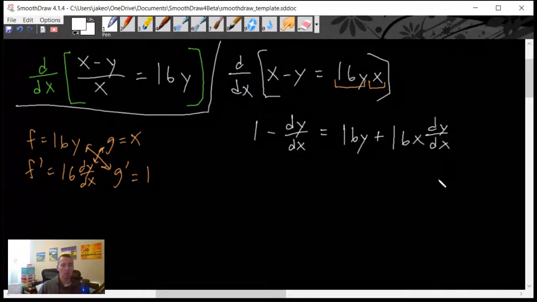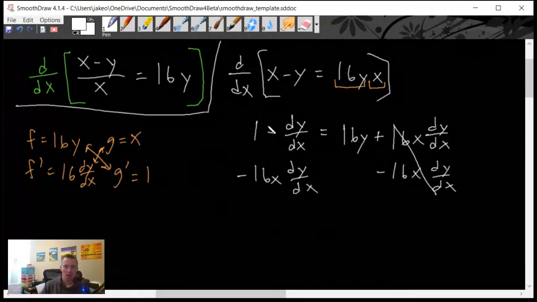And now what we want to do, now that we've taken the derivative of both sides of our equation, we just want to add or subtract all of our dy/dx terms to one side of the equation, and add or subtract all the non-dy/dx terms to the other side. So we're going to subtract 16x dy/dx from both sides to move it from the right over to the left. And then we want to subtract the 1 from over here to move it over to the right.